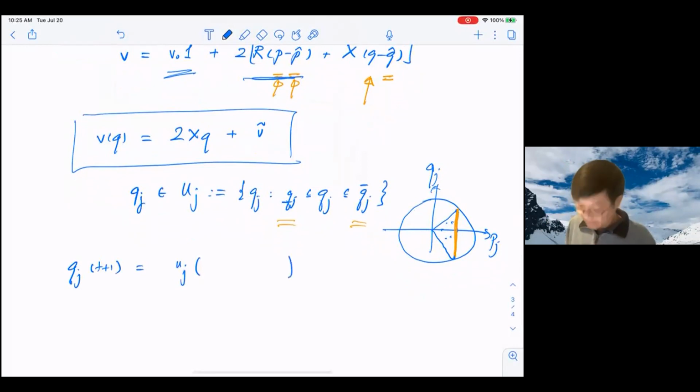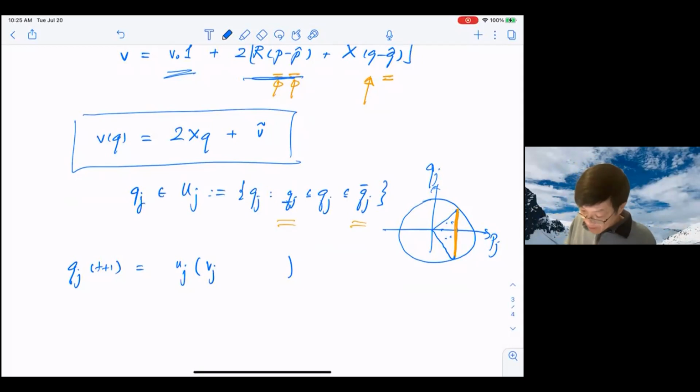So UJ is the thing that we're going to design. That's the control law. But UJ can depend only on the local voltage. That's the key. So it depends on VJ only, but not other voltages on the grid.